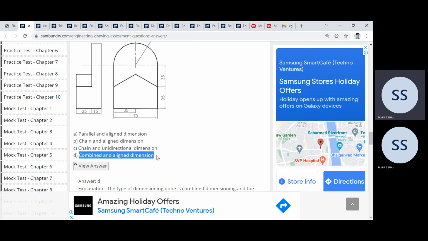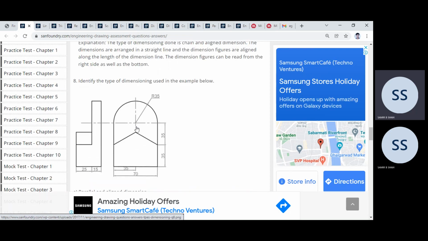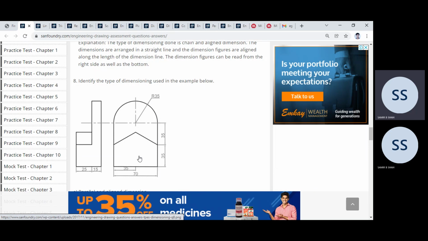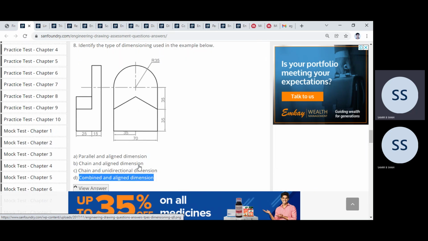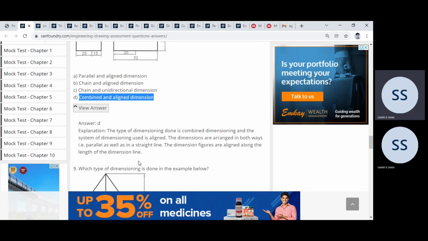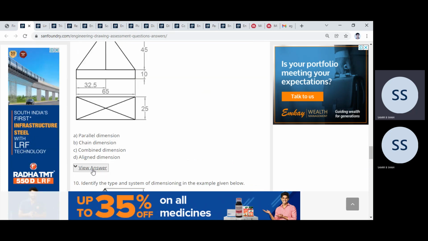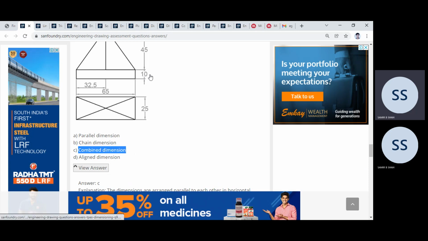Now, यहाँ पे कौन सा dimension use किया है? Here you can see some dimensions are like this way, so we say that combined aligned.